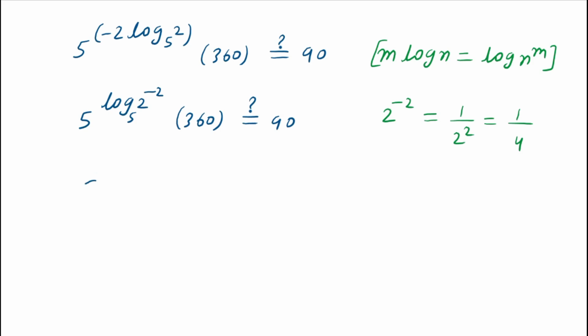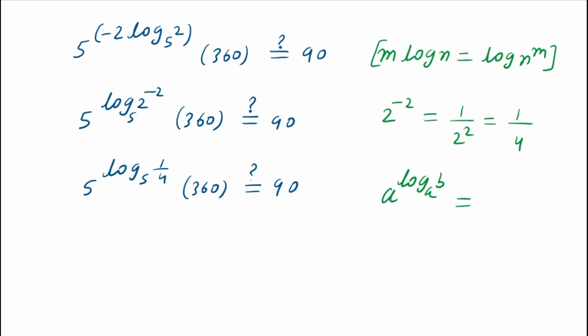So here 5 power log of 1 over 4 with base 5 is multiplied by 360, equal to 90. Now look carefully at this term. Here we will apply the log property: a power log b with base a is equal to b. According to this rule, this expression is 1 over 4 multiplied by 360, equal to 90. Now 360 divided by 4 gives 90, so 90 is equal to 90.